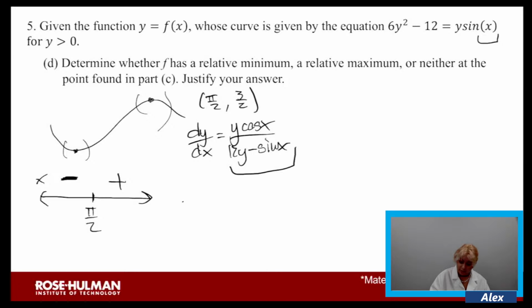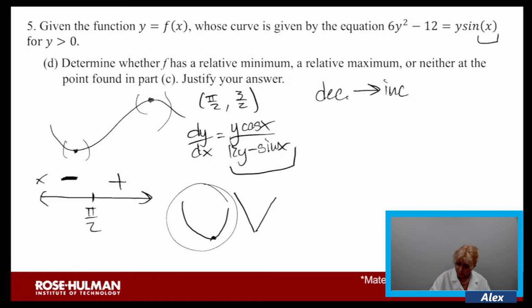So because it is going from decreasing to increasing, I'm going to assume it's going to look more like this one because it is a curve, then you know that it is a relative minimum. So because it is going from decreasing to increasing, it is a relative minimum.